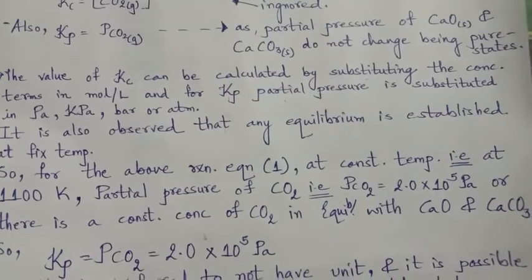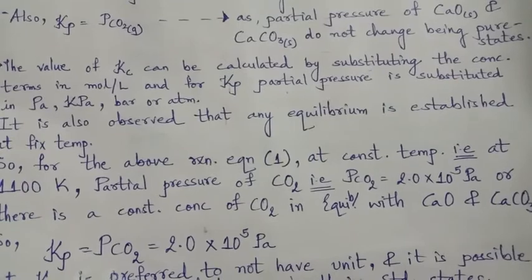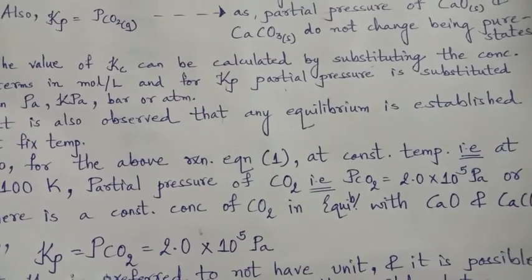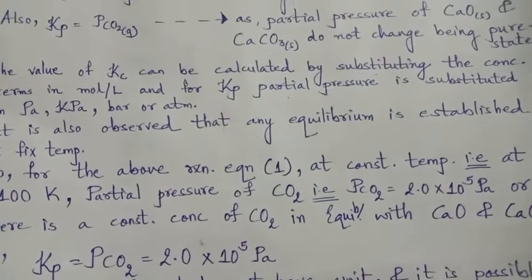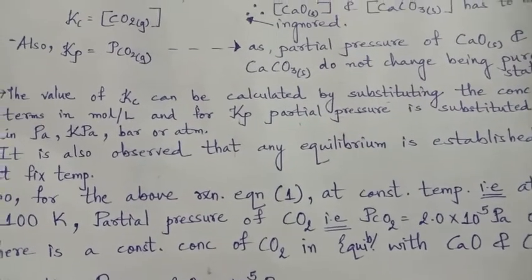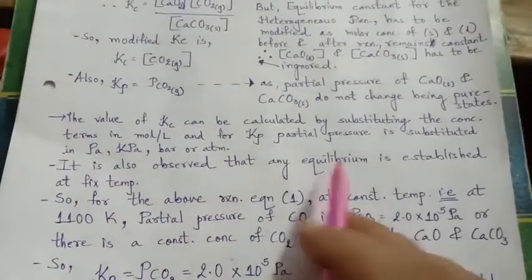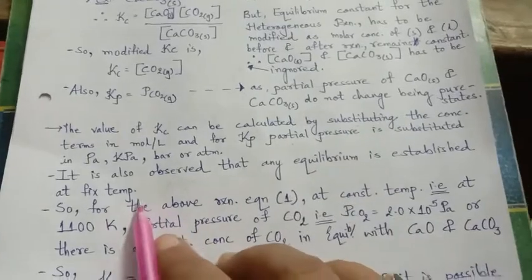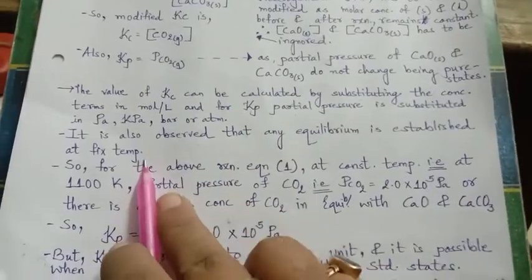And so there will be variation in the formation of product from the reactant and even in the backward reaction, that is from product to the reactants. So to attain equilibrium for the respective reaction, the temperature is to be fixed.